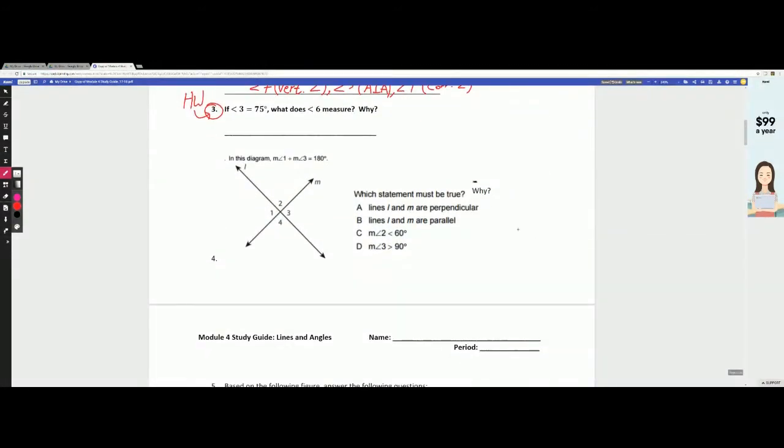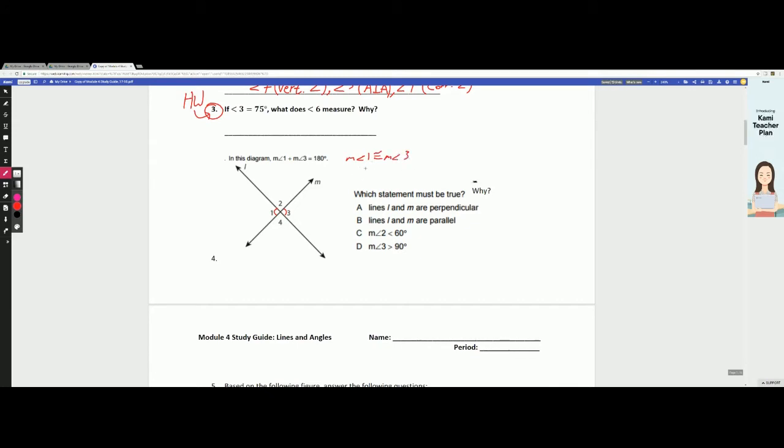Looking at number 4, which statements must be true, and why? They say that angle 1 plus angle 3 equals 180. We know these two are vertical angles, therefore angle 1 has to be congruent to angle 3.